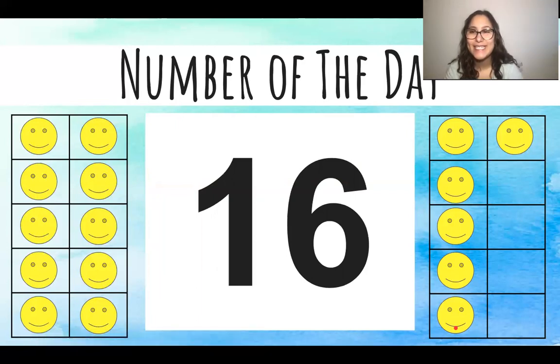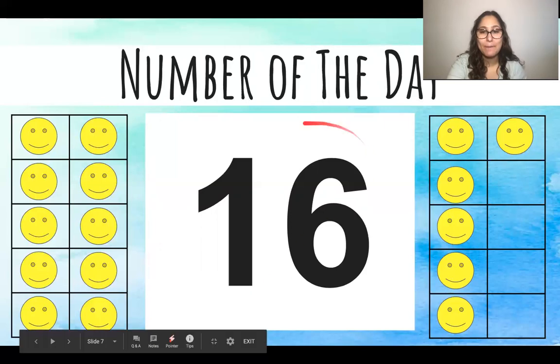We have 16 smiley faces. That means that this is the number 16. When you put a 1 and a 6 right next to each other, that makes 16. Beautiful, 16.